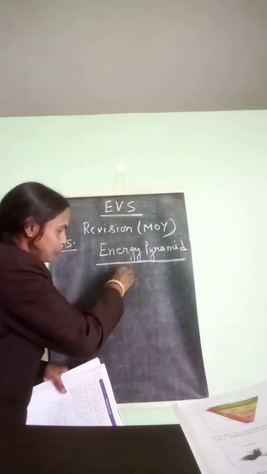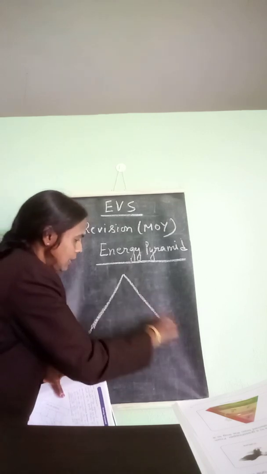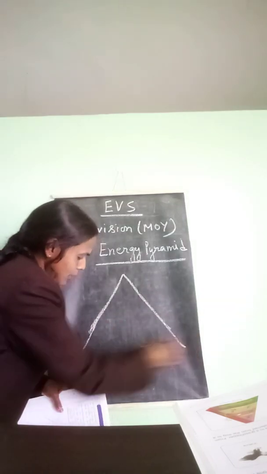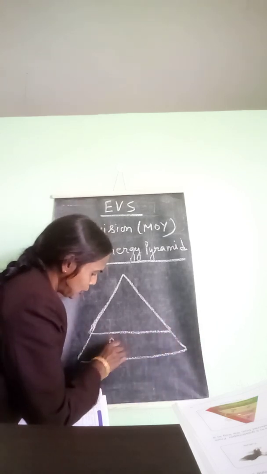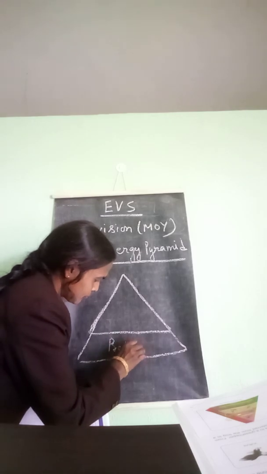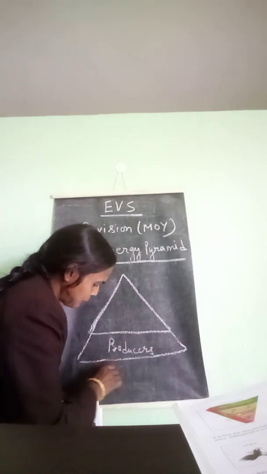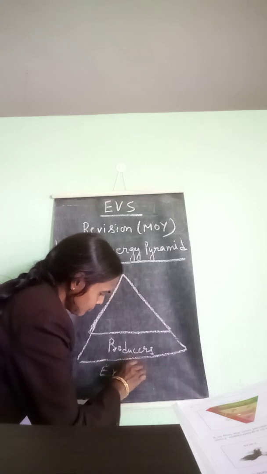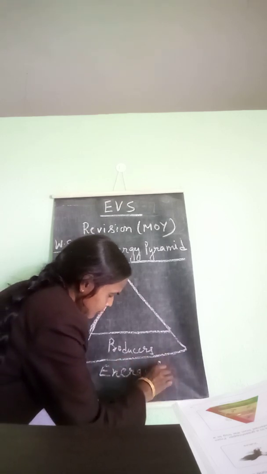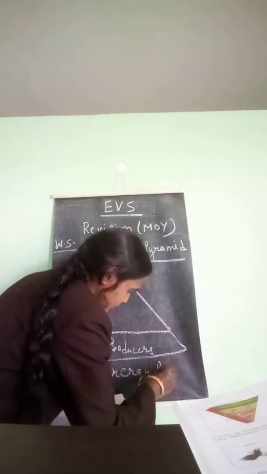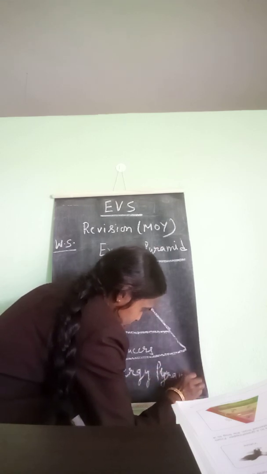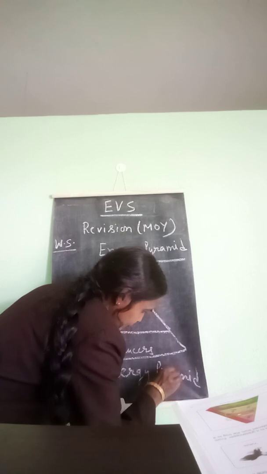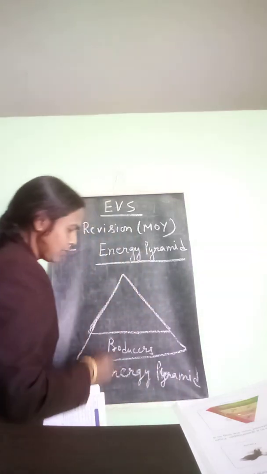I am drawing the energy pyramid. See here. Down is the producers. It is more producers. This is energy pyramid. Down is the producer.